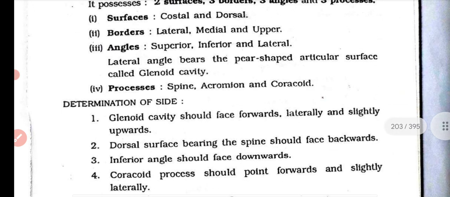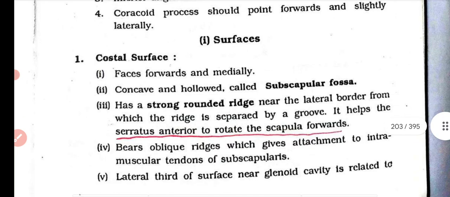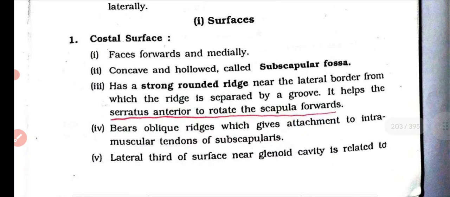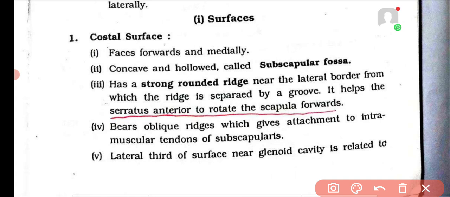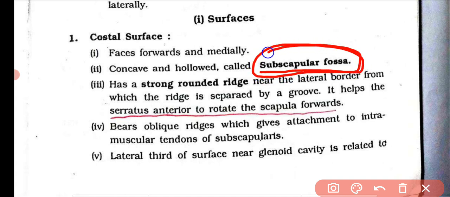Now we'll know details about the surfaces, borders, angles, and processes. First come the surfaces. The costal surface, or the anterior surface, faces forward and medially. It is concave and hollowed, called the subscapular fossa.